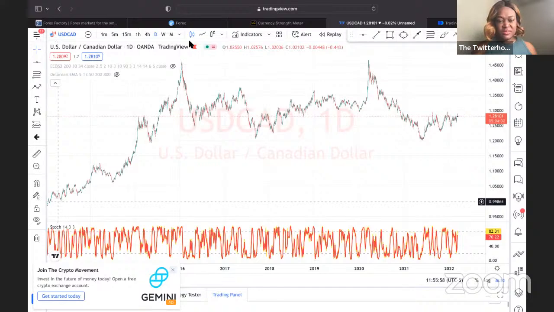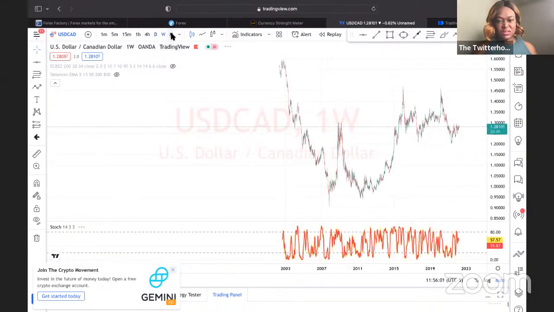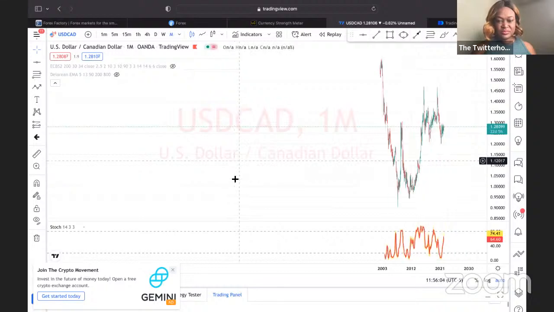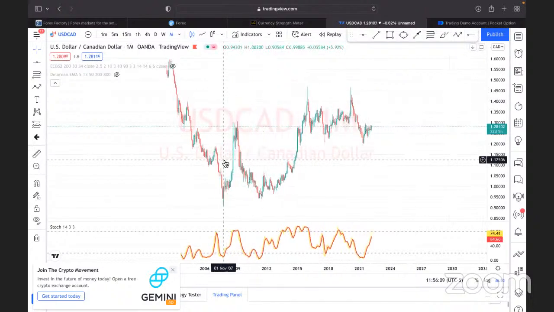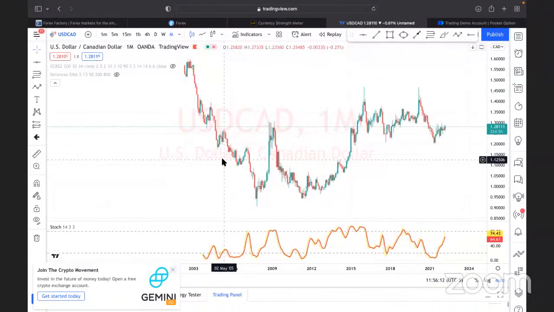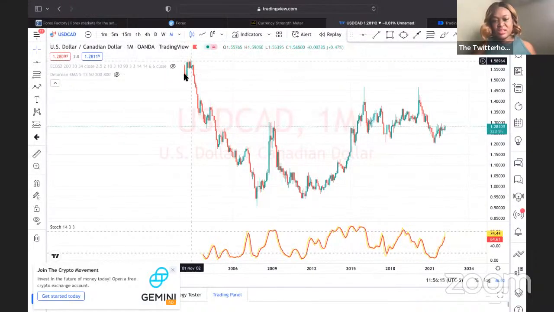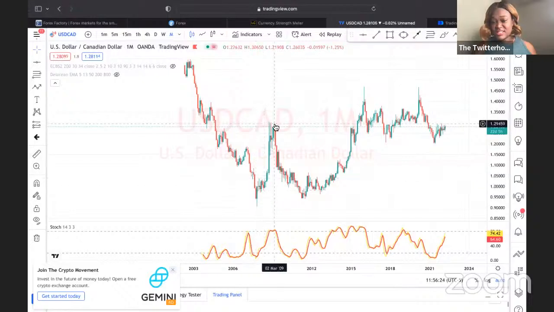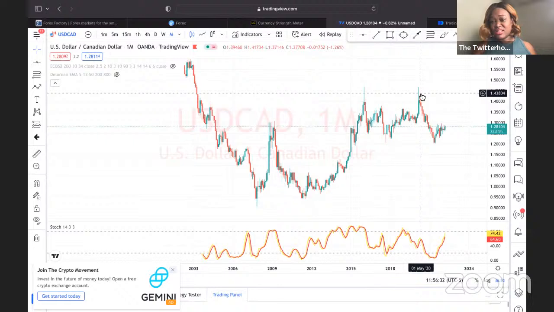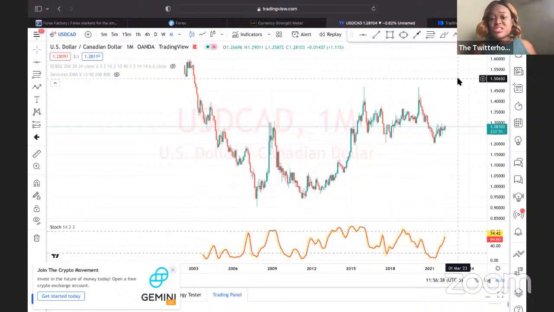It started way up here. It came down here, but now it's going up again, right? This is lower than this, so we have a higher high. This is a pullback. It could be going to come up here. We don't know. The market just is moving.